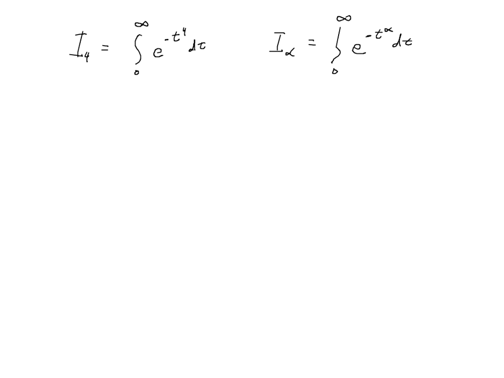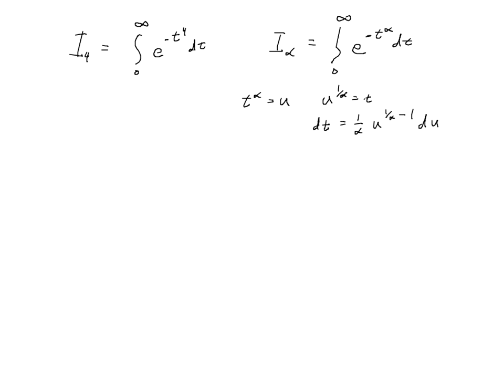So in this equation, if I take t to the alpha and I say that's equal to u, so that u to the 1 over alpha is equal to t, and then my dt should be equal to 1 over alpha u to the 1 over alpha minus 1 du.